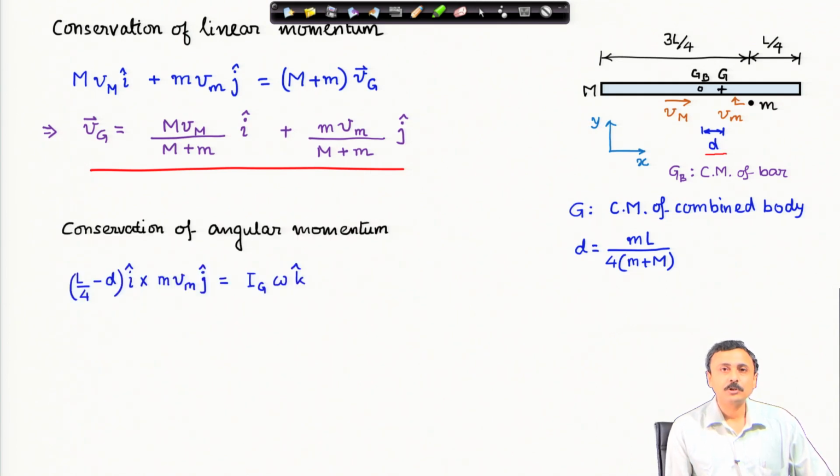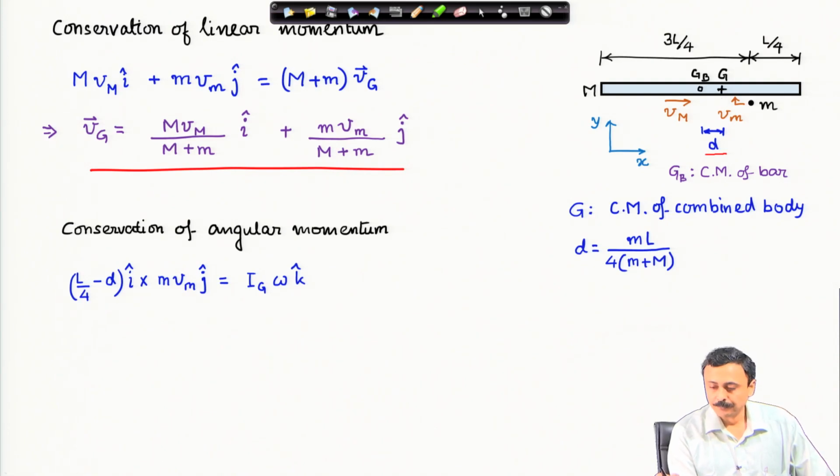Let us now go over to conservation of angular momentum about the center of mass. I have to calculate the initial angular momentum of the particle and the bar about the center of mass of the whole system after the particle gets embedded in the bar.